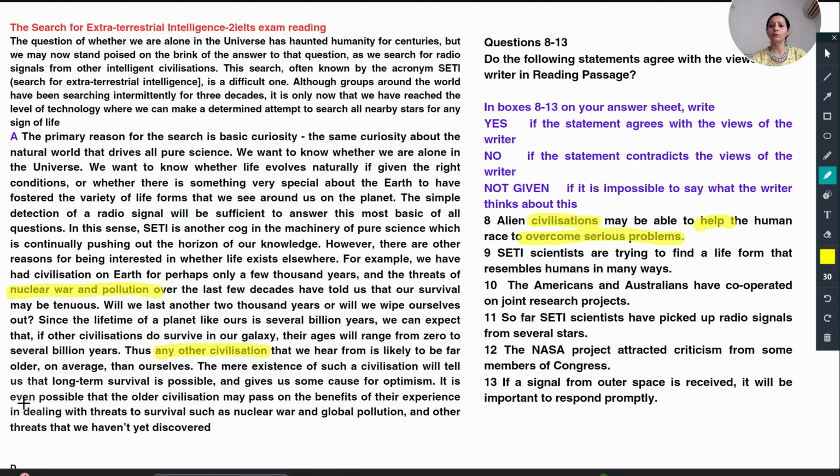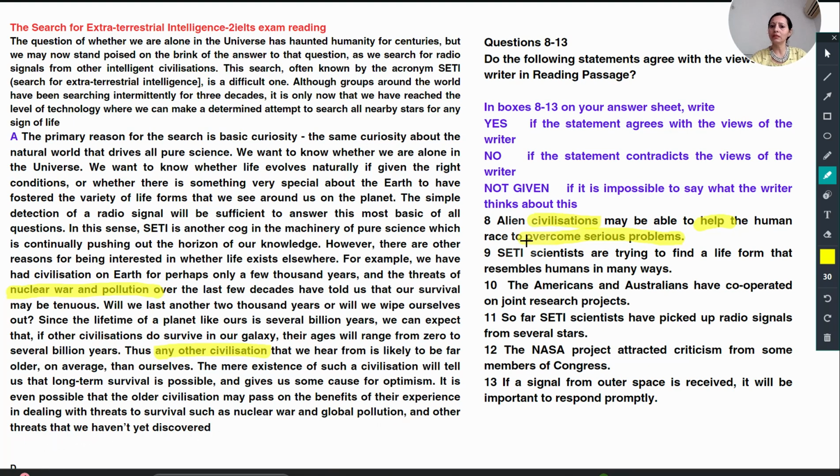It is even possible that older civilizations may pass on the benefits of their experience in dealing with threats to survival, such as nuclear war, global pollution and other threats that we haven't yet discovered.